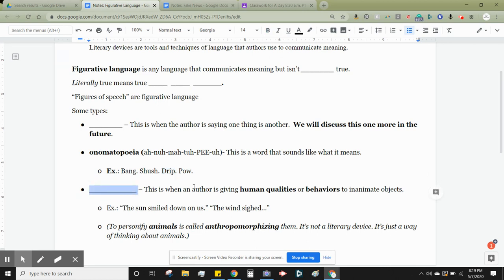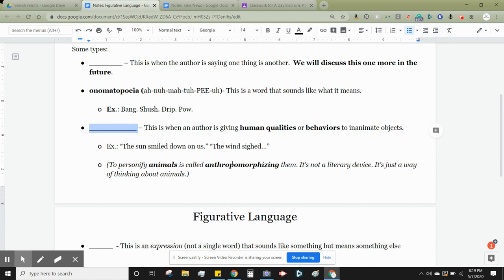Here's a kind of figurative language that is what happens when an author is talking about an inanimate object. That's a thing that is not a creature, right? So not an animal, not a human, but like a tree or a pencil or a chair or a cloud. This is when an author is talking about an inanimate object as if it has human qualities or human behaviors.